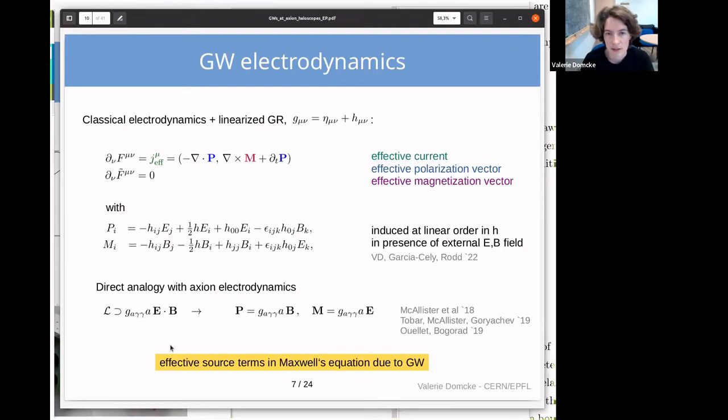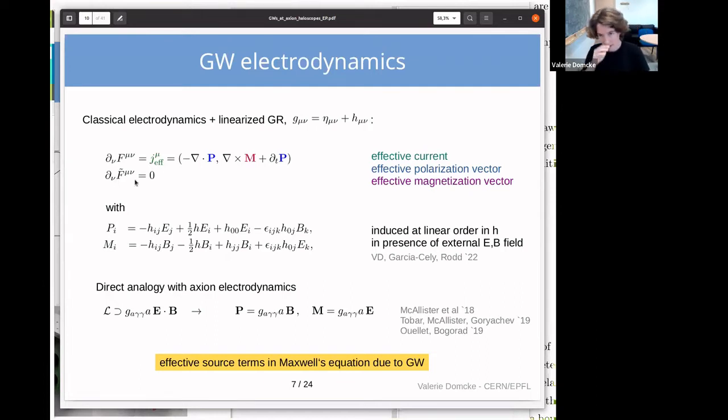But in the presence of a gravitational wave, which is like a curvature of spacetime, so an additional, here g mu nu is the full spacetime, eta mu nu is the usual flat spacetime, and h mu nu is now a tiny perturbation, right, of order 10 to minus 20, to this flat spacetime. And now what we need to do is rederive Maxwell's equations, rederive electrodynamics, now not under the usual assumption of a flat spacetime, but under the assumption that we have a flat spacetime plus a small perturbation.